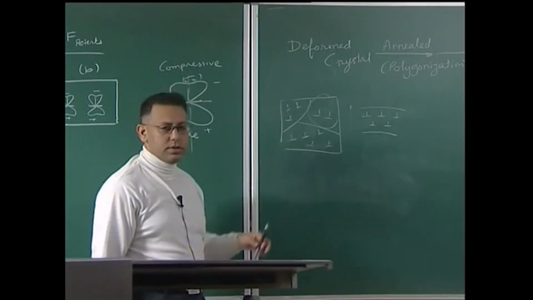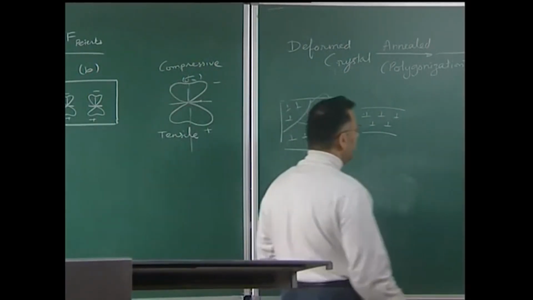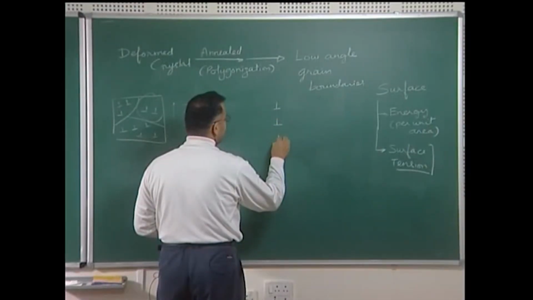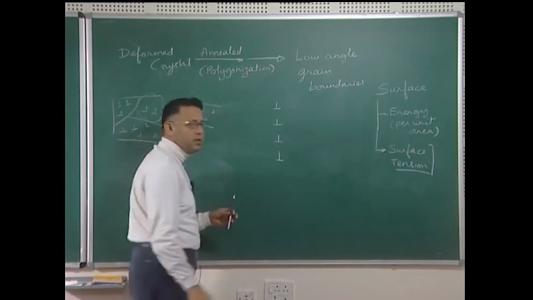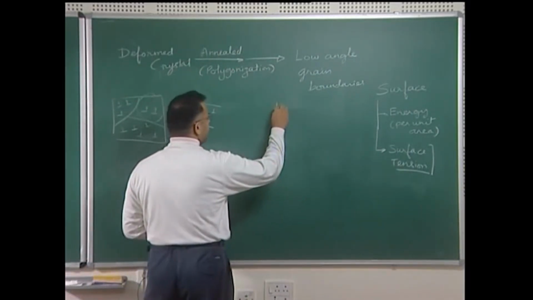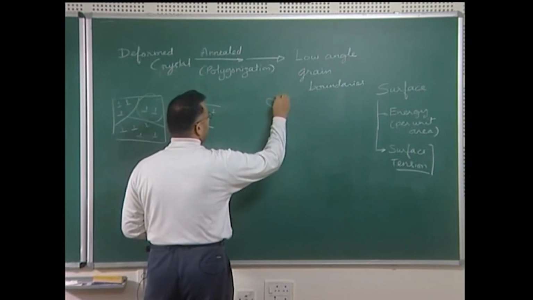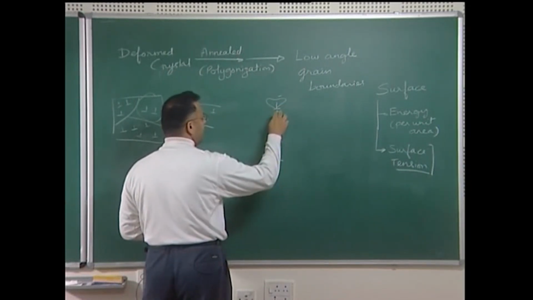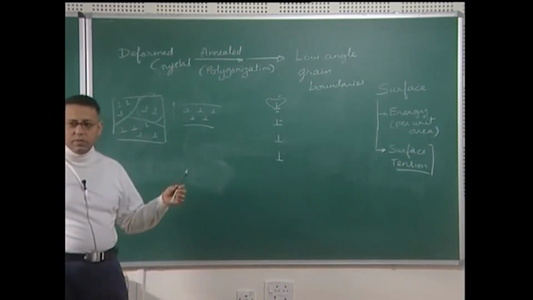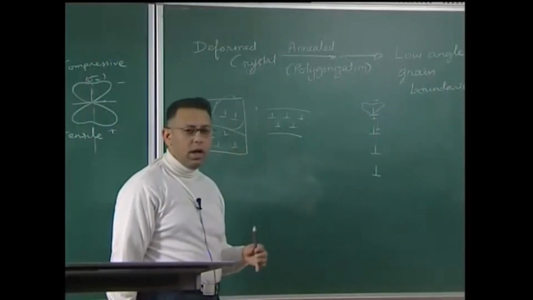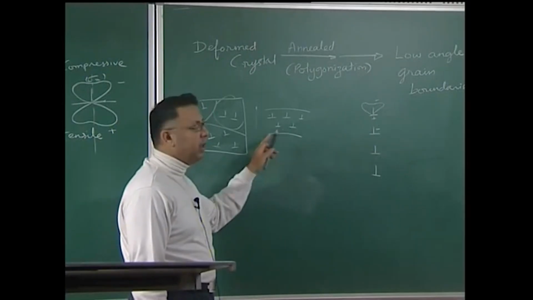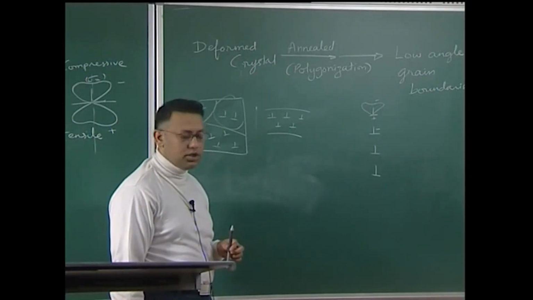Now, during the annealing process, these dislocations can come together to form an array one below the other, and we have already seen that the reason for the formation of these arrays is the lowering of energy. Now, this is my compressive region of the dislocation, and this is my tensile region, and the tensile region of this dislocation partially annuls the compressive region of the dislocation below it, and therefore, they would rather tend to align in this format rather than being randomly positioned in the crystal.